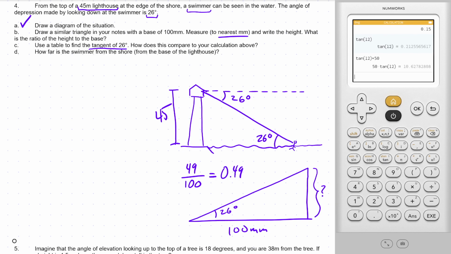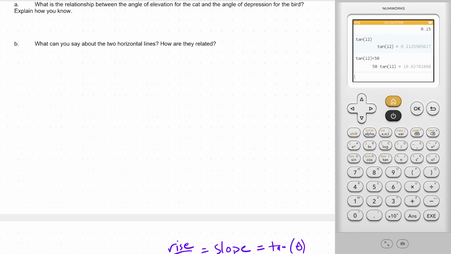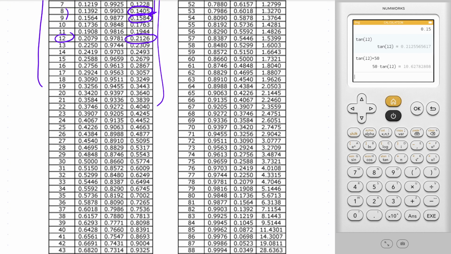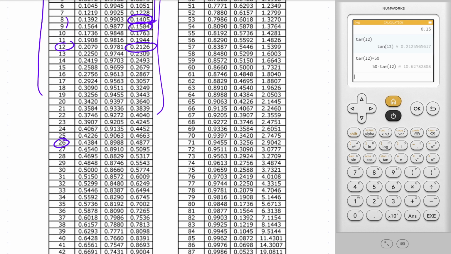Now let's look at the table. Scroll up a ways and look at 26 degrees, and we see the tangent is right there, 0.4877, which rounded to the nearest hundredths place is 0.49.